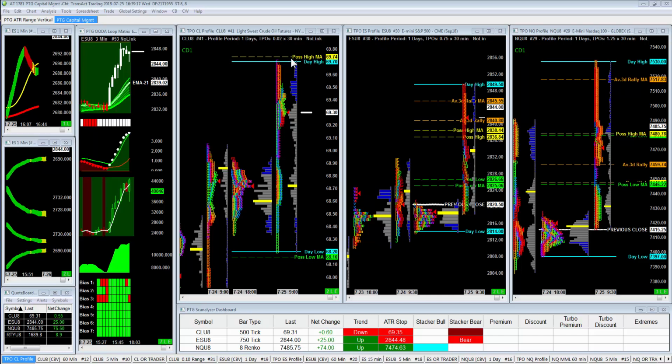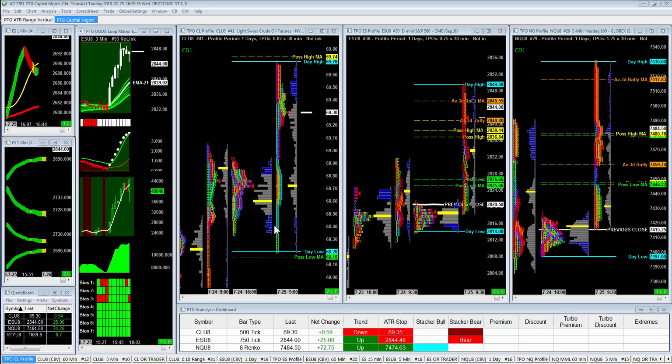Now these levels and targets are outlined the evening before, around 5:30, for the next trading session, which begins Globex at 6 o'clock Eastern time, and they're valid throughout the whole 24-hour session.